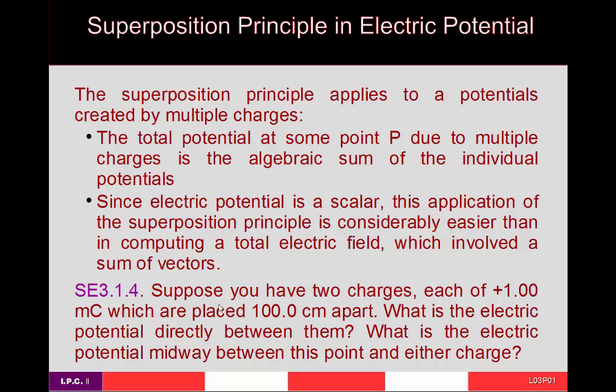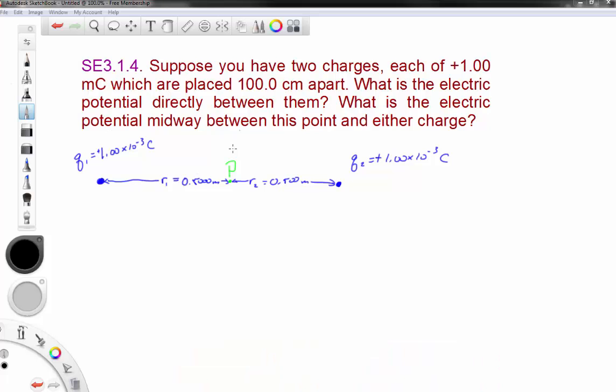As a short example, what happens if you have two charges of equal magnitude placed some distance apart, and we want to find the electric potential directly between them? So we're looking for the potential at this point, midway between these two particles. To get the total potential, we use V equals V1 plus V2, and again, this is a scalar sum.